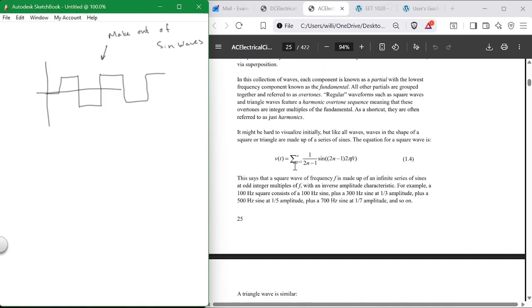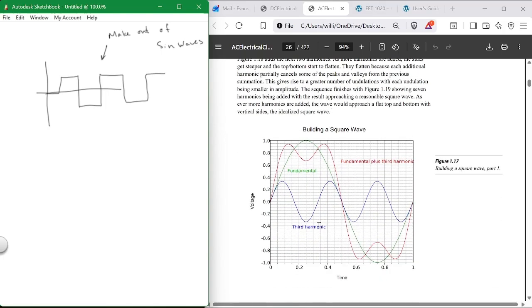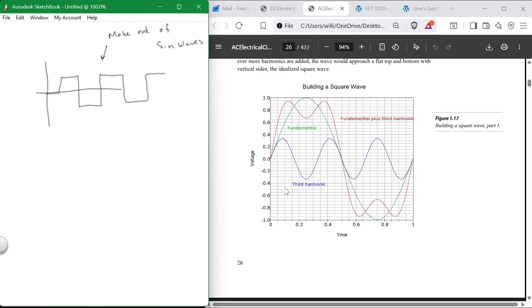There is a number that goes along with this, and it gets smaller and smaller as these frequencies get higher and higher. The height of them gets smaller, but the frequencies can get very, very high.